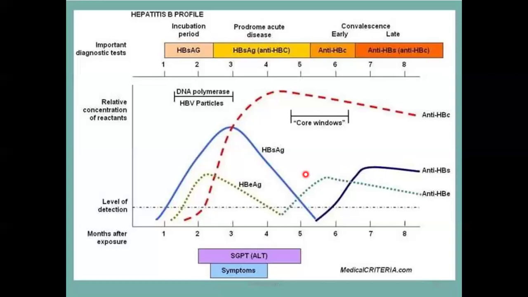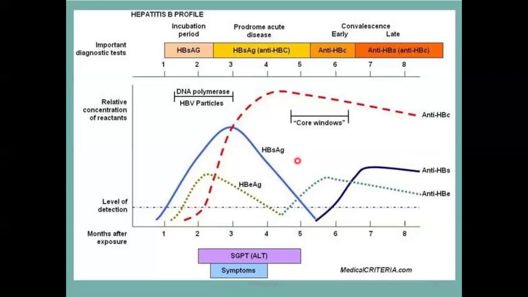The level of antigens will fall and the level of antibodies will rise. Okay, those are the two principles I want you to know. If you know that, understanding this would be very easy. Antigens rise in acute disease, fall when the infection resolves. Antibodies rise when the acute infection resolves. That's what I want you to know.